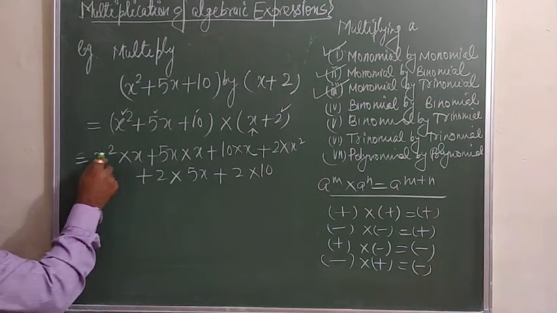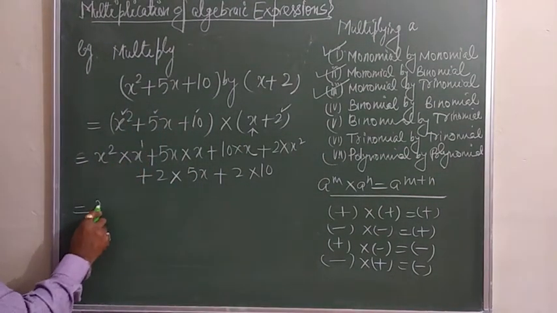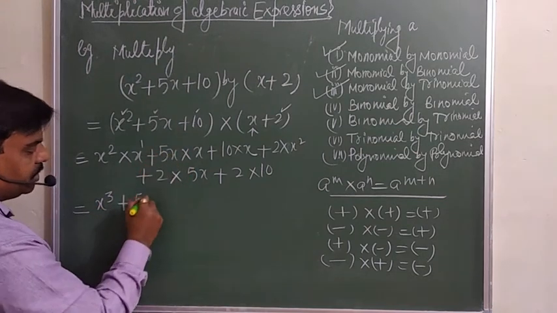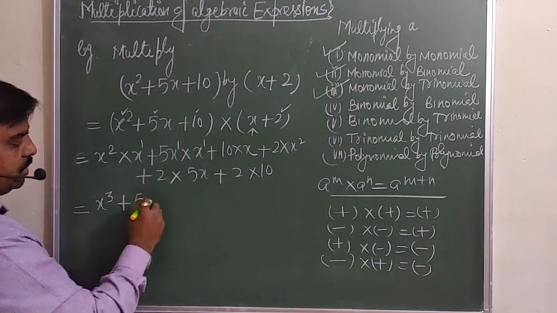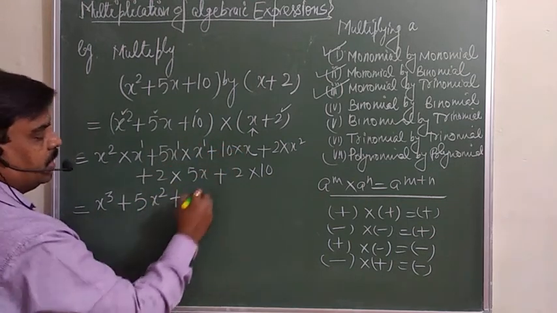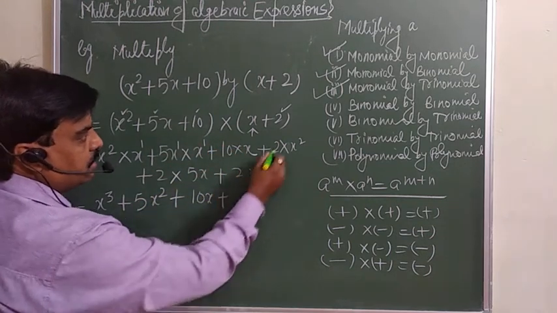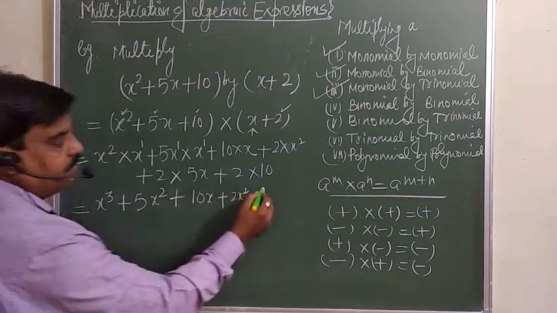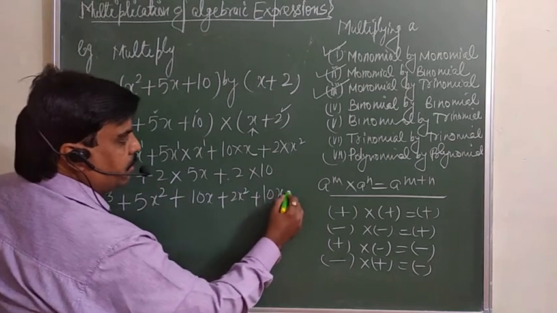Now same method: x power 2 and here 1, so this is x raised to power 3, plus 5 will remain as it is, x raised to power 1 and 1, this is x raised to power 2, plus 10x, plus 2 into x square plus 2 into 5, 10x, plus 20.